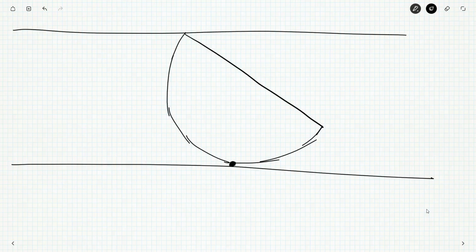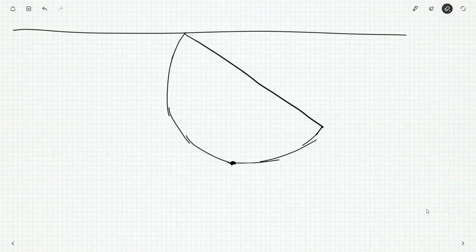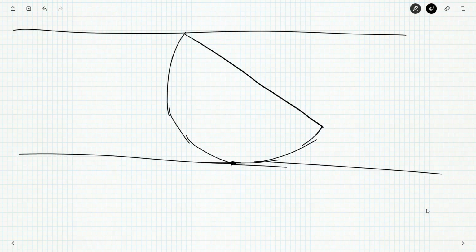So we get to this intersection point here, this point of tangency. And it is a point of tangency, so if I connect it up to the center, it's got to be a right angle. A right angle with the radius, which is 8.